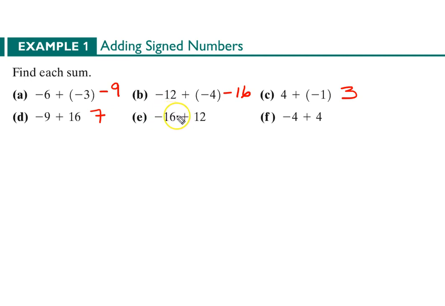So the technique, again, you're going to put this in your calculator, it's easy, but subtract the 12 from the 16 and you get a difference of 4. And the larger value here, absolute value, is negative 16. So we use the sign of the larger absolute value, the negative 4. But if you do that in your calculator, this is how it comes out. And you see one is the additive inverse or the opposite of the other, so that's 0.